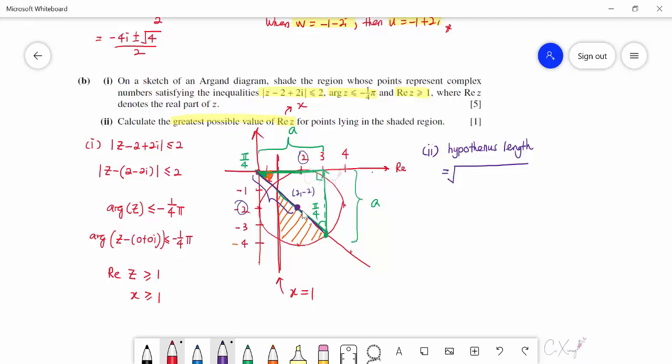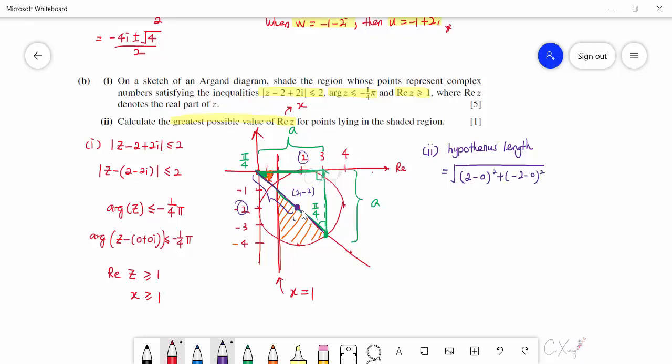So it will be 2 squared plus negative 2 squared. You are actually finding the length between the origin and the center. Or you can write it like this: 2 minus 0 squared plus negative 2 minus 0 squared.